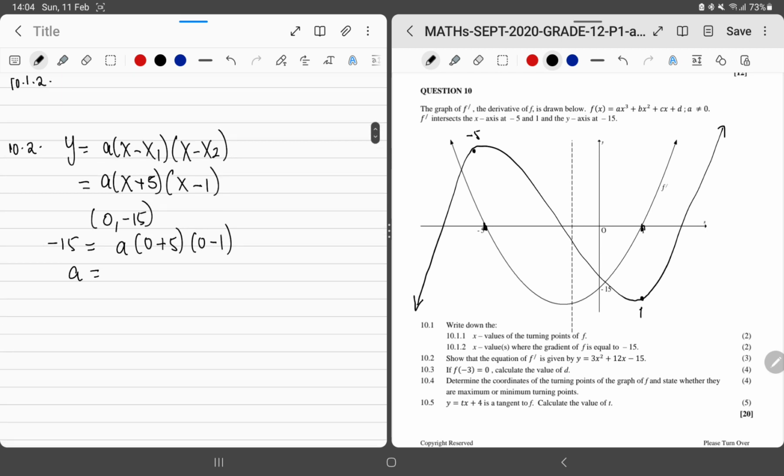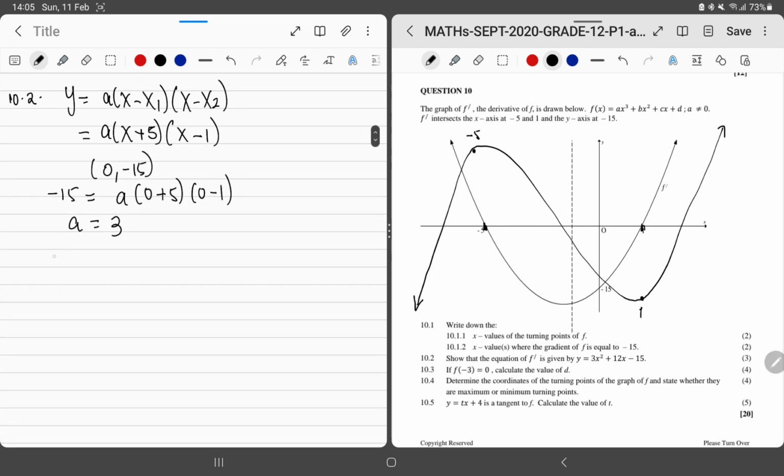The value of a is equal to -15 divided by 5 multiplied by -1, so the value of a is 3. y is equal to 3 into x plus 5 into x minus 1. 3 into, this is x squared.